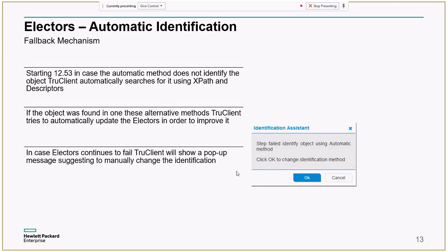If not, we will prompt you to switch from the automatic method to a different one, and then you will be able to select which method you would like to choose. This enhancement came as a result of customer requests, and obviously we are very attentive and listening to our customers.